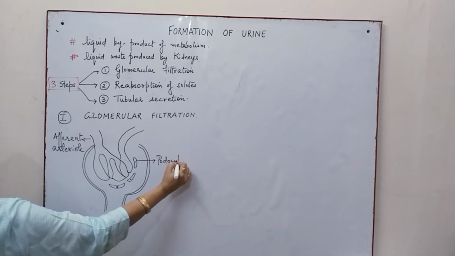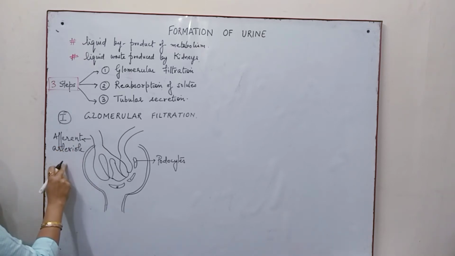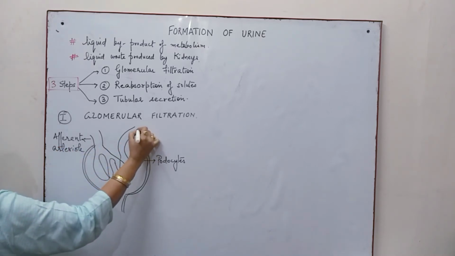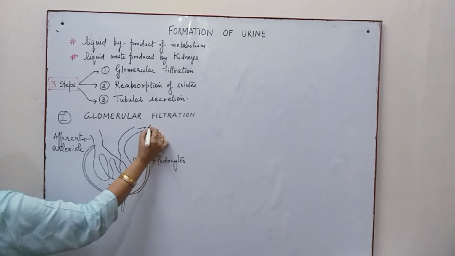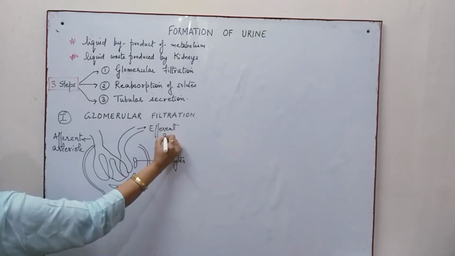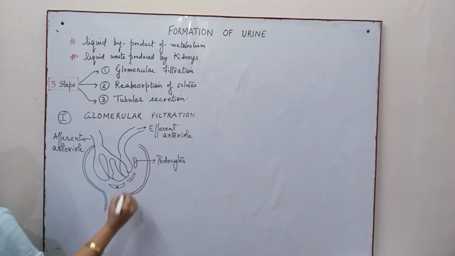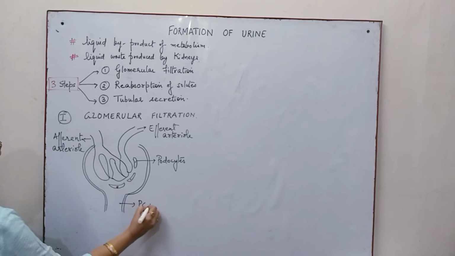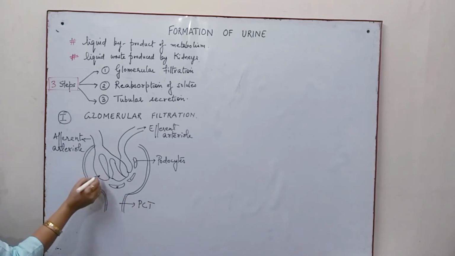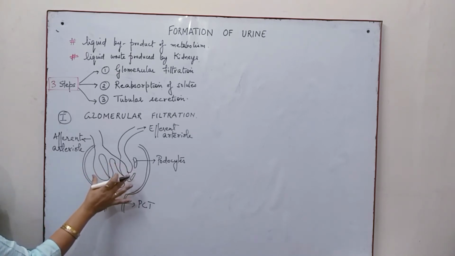Let us first study the diagram, then we'll be able to understand better. This is the afferent arteriole and this is the efferent arteriole, which leaves the glomerulus. This leads to the PCT, that is the proximal convoluted tubule, and these are the loops which are present in the glomerulus.